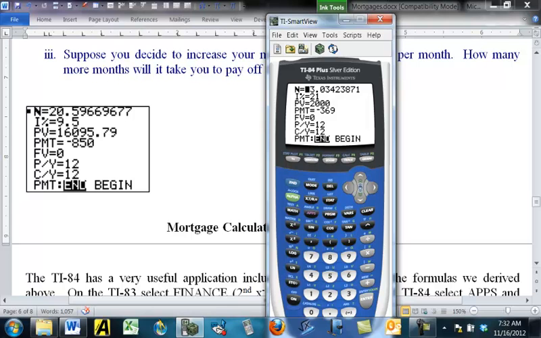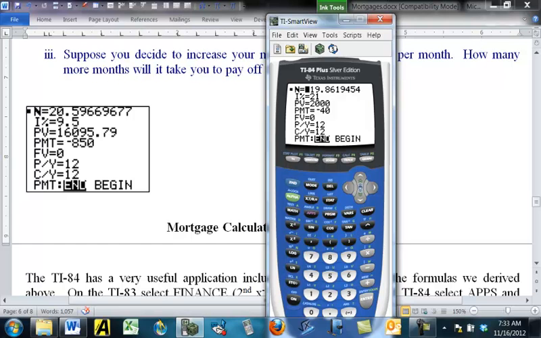How long is it going to take? Let's see. Usually it's a 2% minimum payment. So 2% would be $40. Let's say you make a minimum payment of $40. How long is this going to take you to pay it off? Okay, 120 months, 10 years to pay that off.